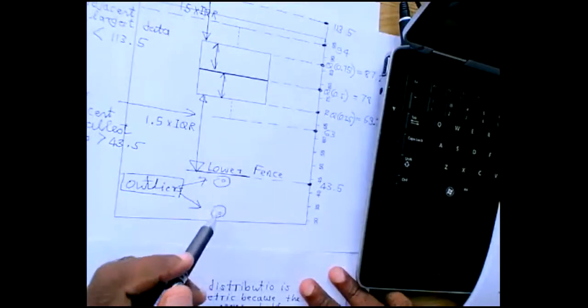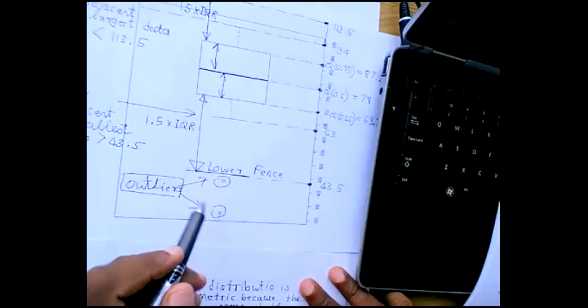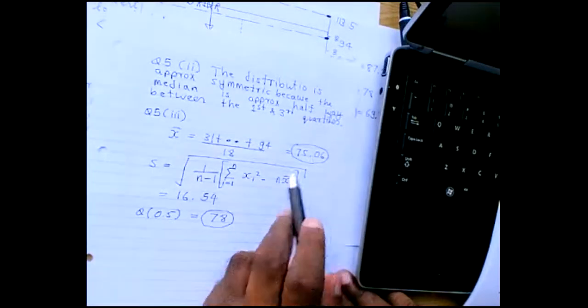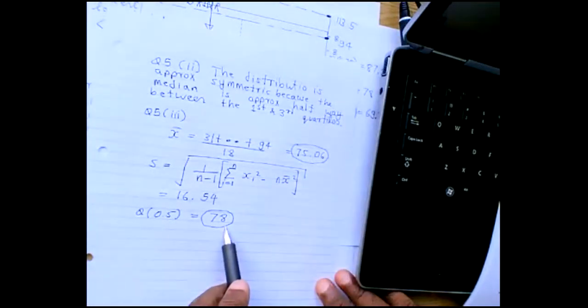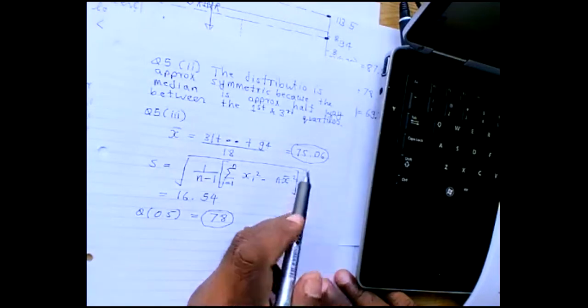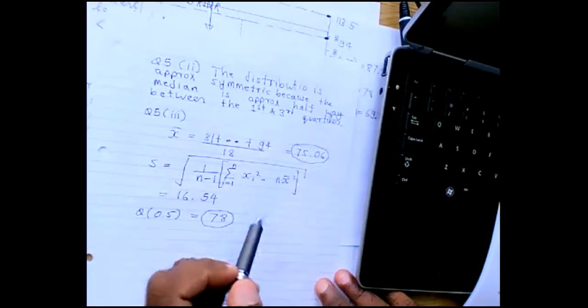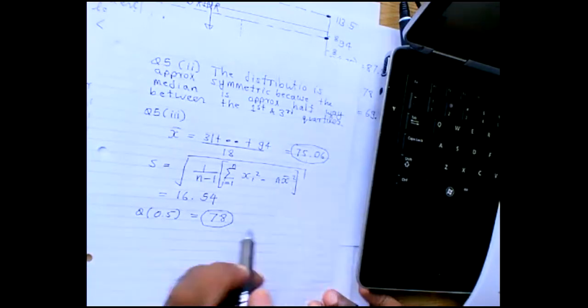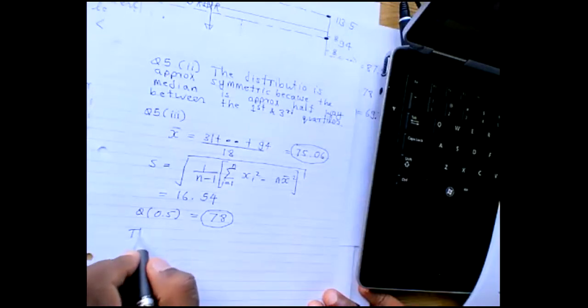If we did not have these outliers, then the sample mean would have been a lot closer to the sample median. But it's not, because of the outliers. So that's what I'm going to say here.